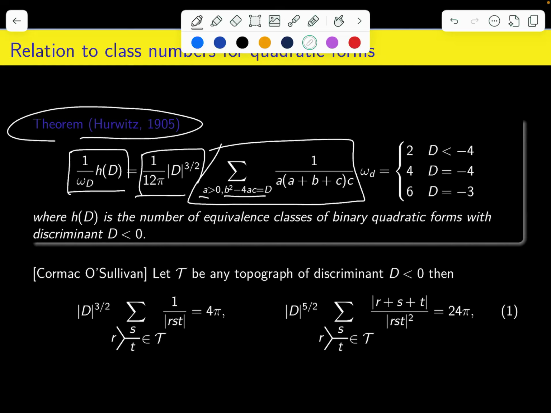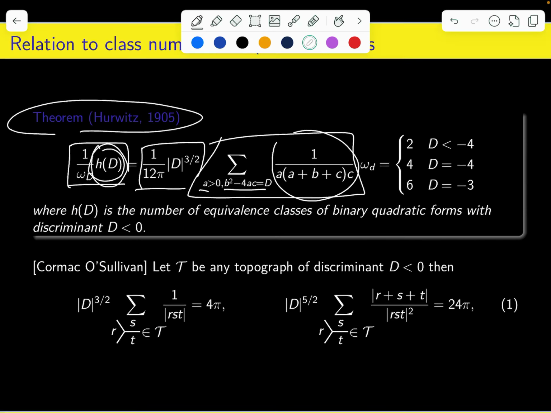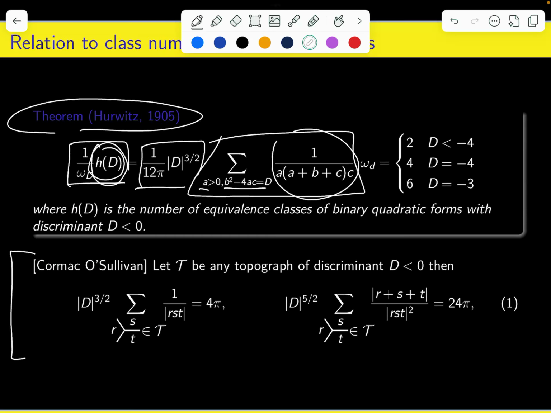Because you remember, if I consider all the forms with discriminant D, each class of equivalence corresponds to a topograph, so I just have this number of topographs. And when I take the sum over all these expressions over one topograph, it gives me a constant. So it means that the total sum is just proportional to h of D up to some constant. So that's how it's reformulated in this article of Sullivan last time: if I have a topograph and I consider this product over all the vertices, that's just 4 pi up to a constant D.